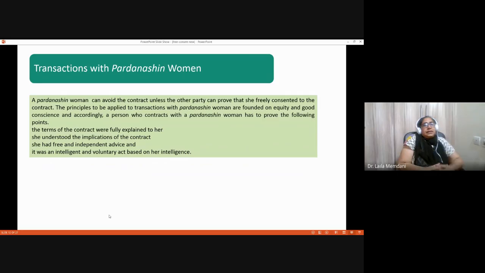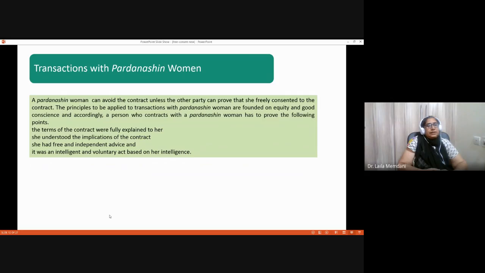A Pardanashin woman can avoid the contract unless the other party can prove that she had freely consented to the contract, and that the terms of the contract were fully explained to her. She understood the implications of the contract clearly.